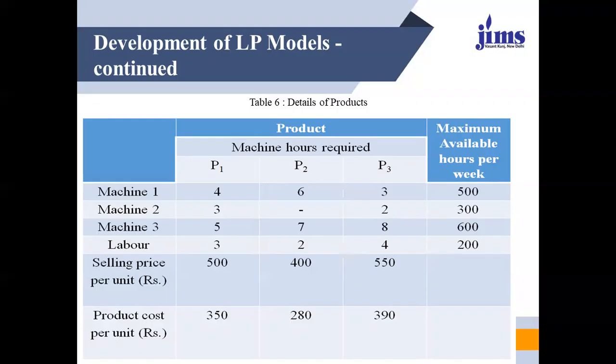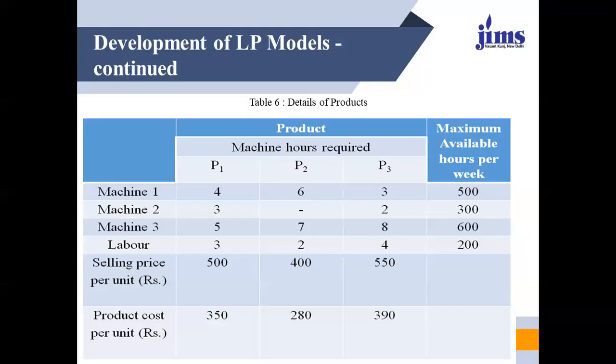First, just consider this element: the selling price is 500 and product cost is 350. What is the profit? Profit is 500 minus 350 is equal to 150. Similarly, for product P2, your profit is 400 minus 280 is equal to 120.